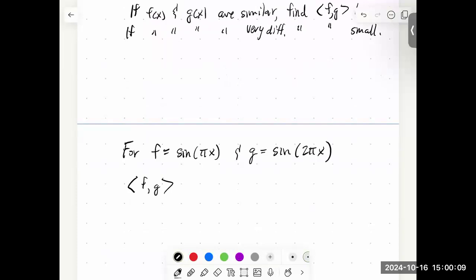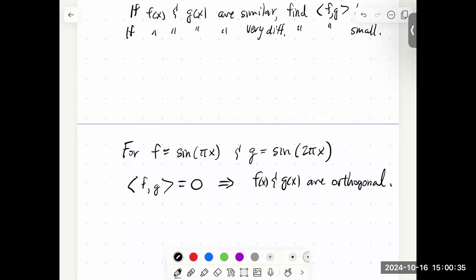Oh, not bad, is equal to 0, and we would say f and g are orthogonal. Okay, good. I want to see if we can generalize this argument for the sine function.